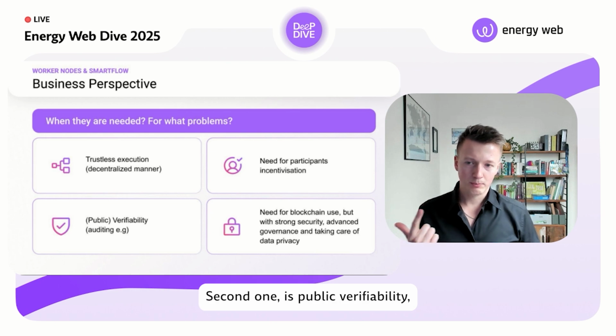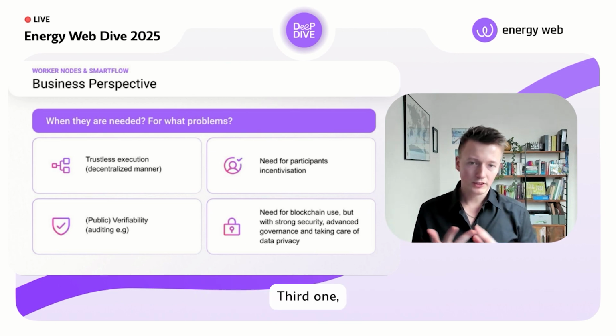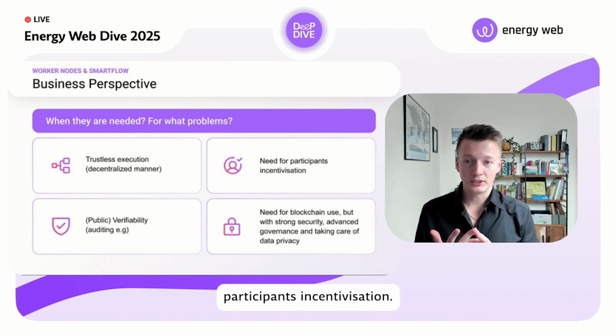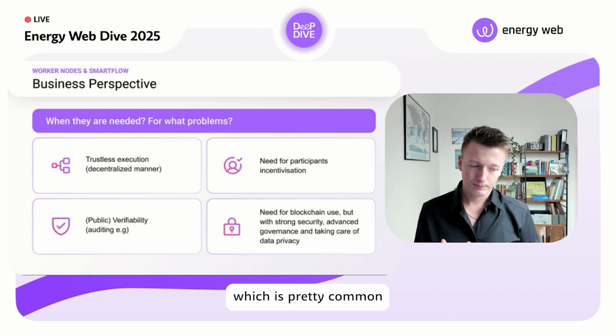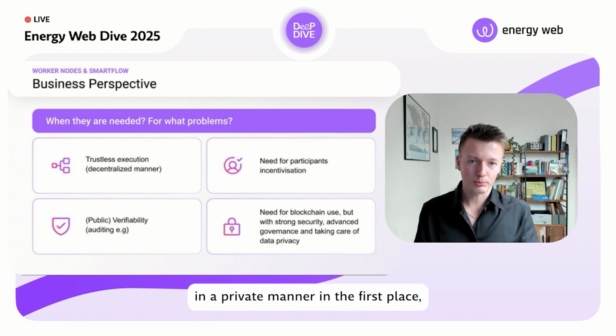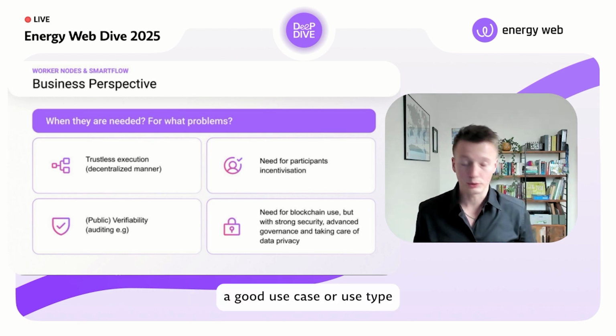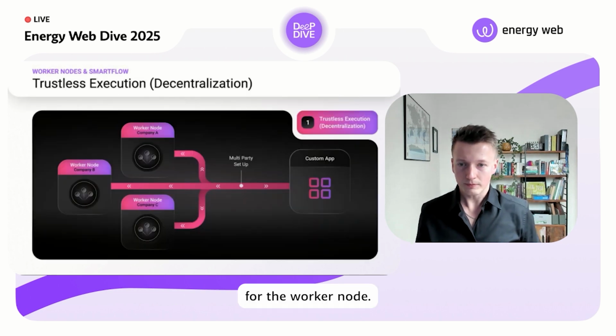Second one is public verifiability, for example, for auditing purposes. Third one, participant incentivization. And fourth one, which is pretty common in terms of the enterprise blockchain use case, is the use of the blockchain in a private manner in the first place, which is also a good use type to be addressed by the worker nodes.